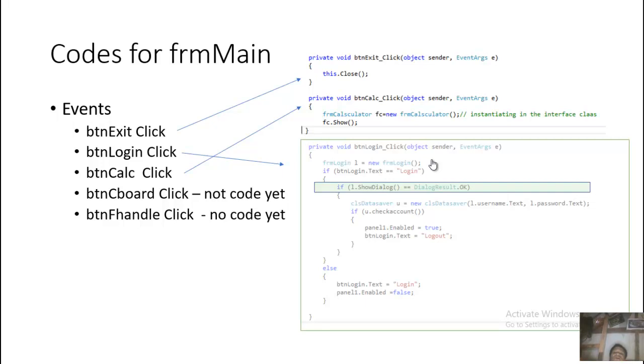And then after that one, the data saver checks the account whether it is in the list. When it is in the listing, the panel 1 enabled property is set to true, or the minnow container is enabled, and then the button login text is set to log out.